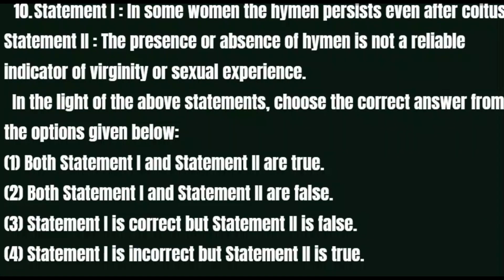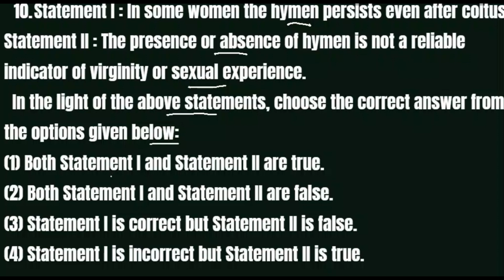Question number 10. Statement 1 says, in some women, the hymen persists even after coitus. Statement 2 says, the presence or absence of hymen is not a reliable indicator of virginity or sexual experience. In the light of the above statements, choose the correct answer from the options given below.